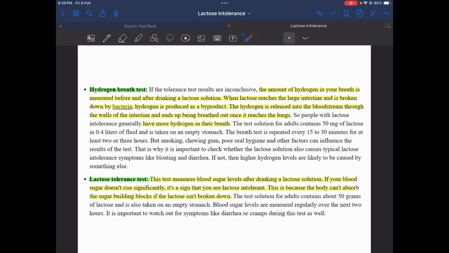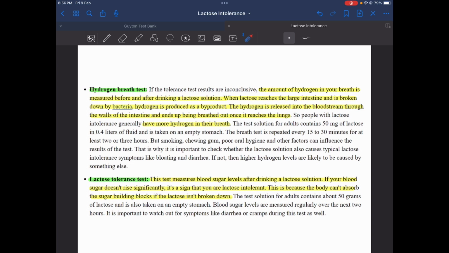Okay, so I just wanted to come on here and quickly explain the difference between the hydrogen breath test and the lactose intolerance test. One of our colleagues asked whether the levels of glucose will be affected or not, and you need to first understand the difference between these two tests to understand what happens to the glucose levels in your blood.